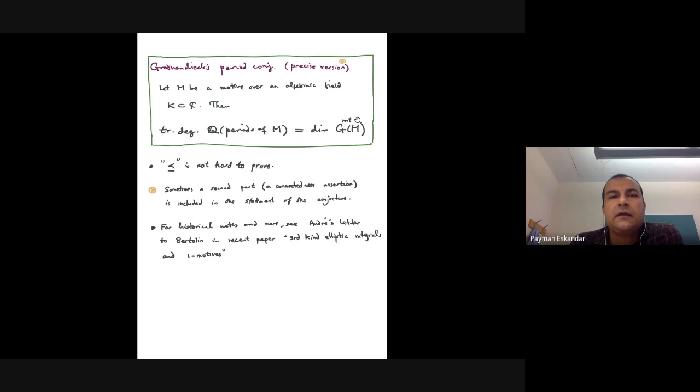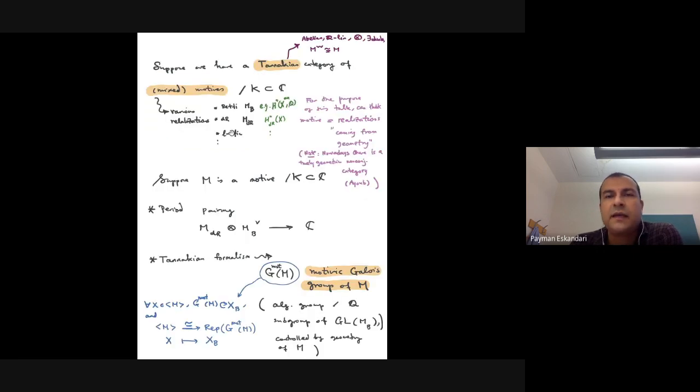Now, a few more remarks. For the purpose of this talk, you can really think of a motive in terms of its realizations. So think of a motive as a system of realizations, all of this data which comes from geometry. And this group is defined using Tannakian formalism. Now, the theory of motives for a very, very long time was highly conjectural.